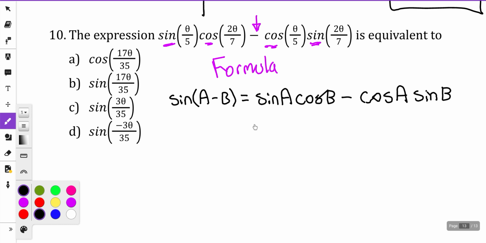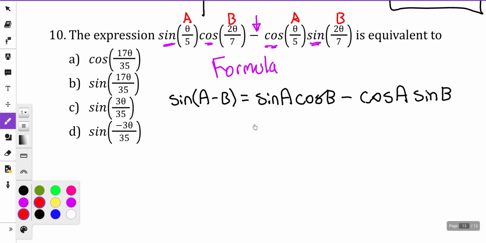And there's my pattern. Sine cos minus cosine sine. The angles: this one is A, this one is B. This one is A, this one is B.